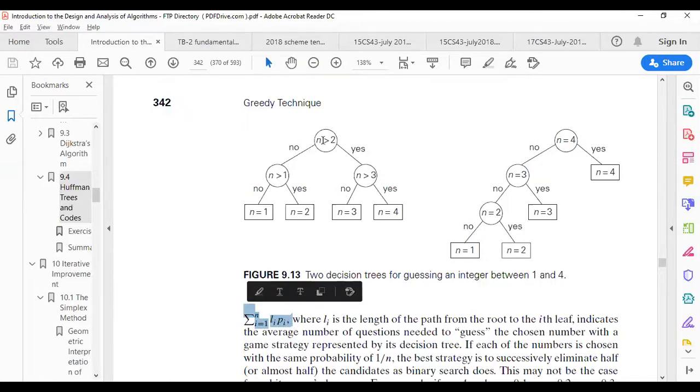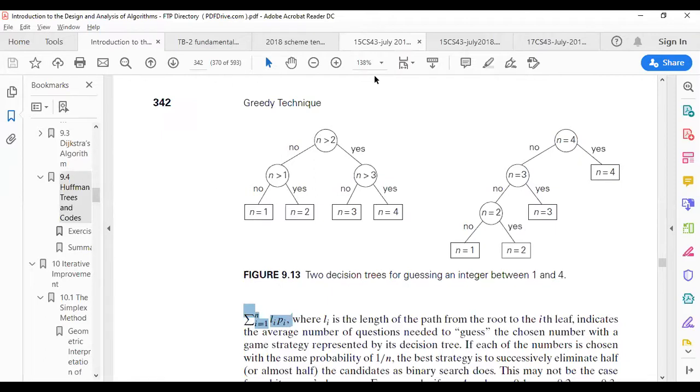Li is the path length from the root to the ith value, and Pi is the probability of occurrence of this. Fine. So let's quickly move on to the board and see what would be the weighted path length in this case.